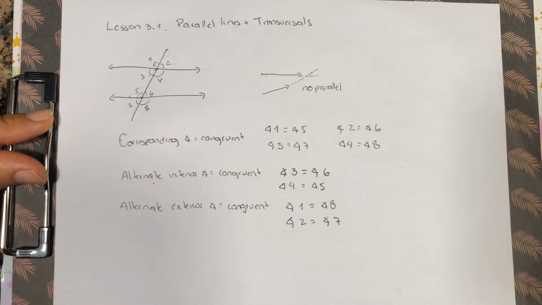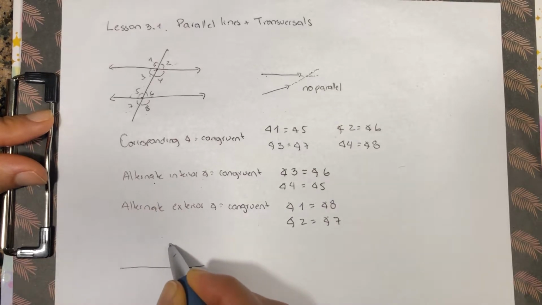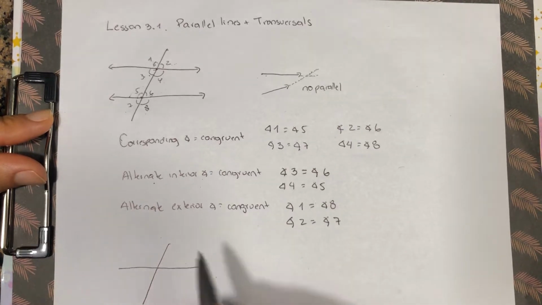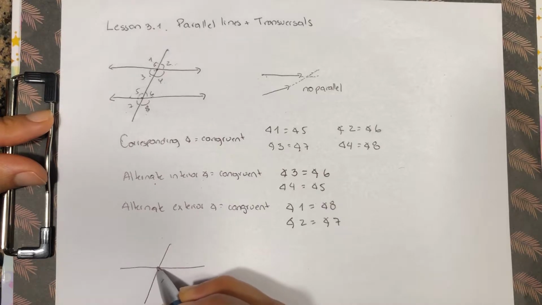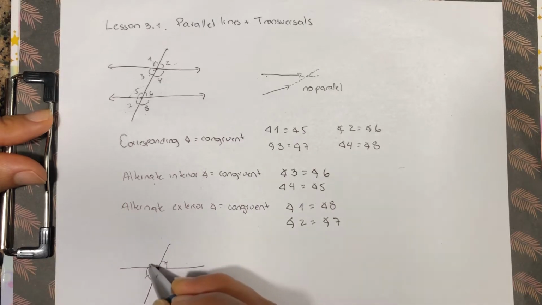The third thing that can happen, and this doesn't have to be parallel lines, but just one regular line cut by another line, is that you form vertical angles. Vertical means that they share the same vertex, but they are opposite. This angle is vertical or opposite to this other, and therefore they are the same.